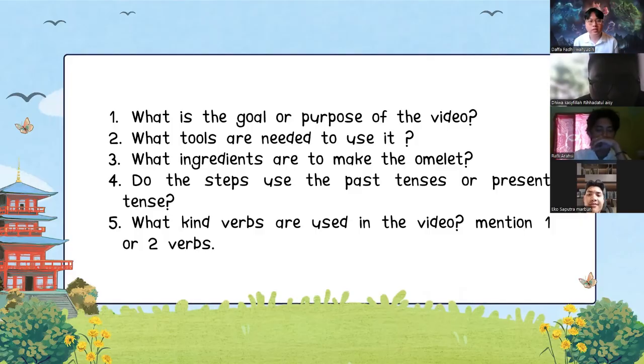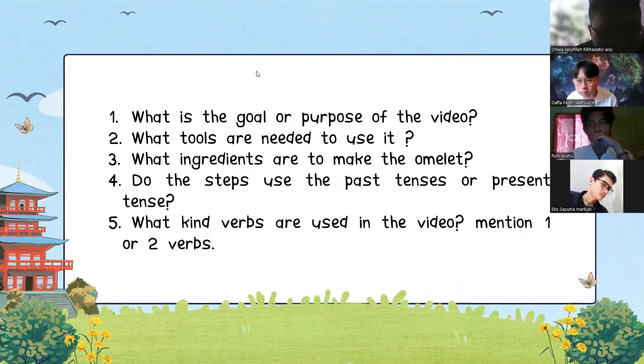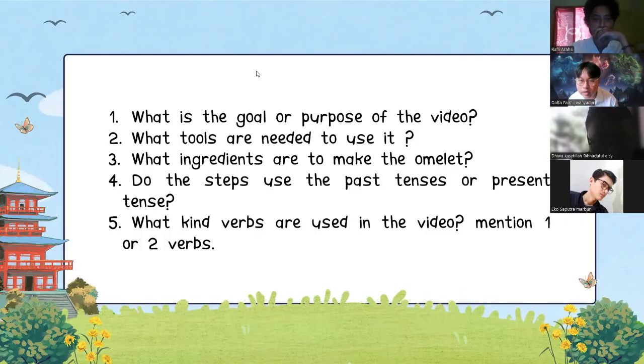So the first question is, what is the goal or the purpose of the video? Anyone? All right, Diwa. The goal or the purpose of the video is how to make a simple omelette. All right, good job. Thank you, Diwa. And the next question is, what tools are needed? All right, Rafli, come on.